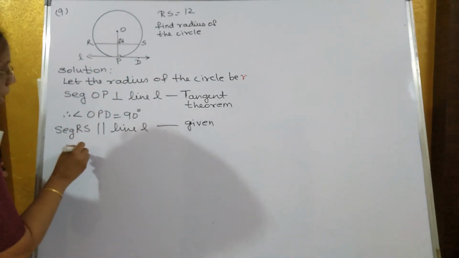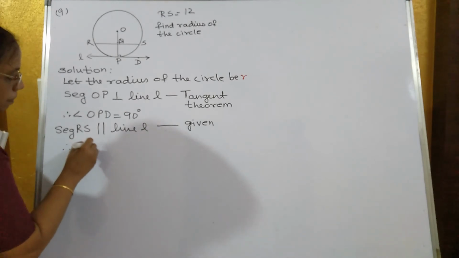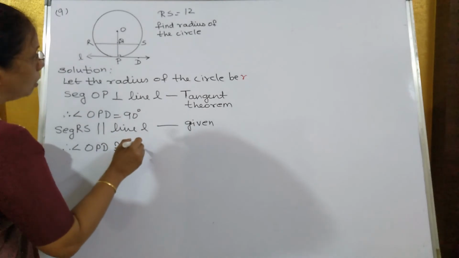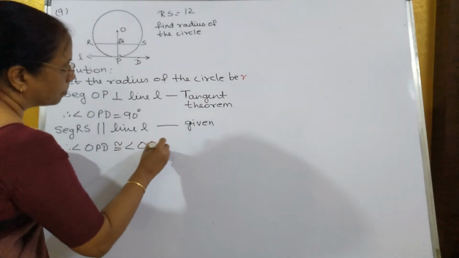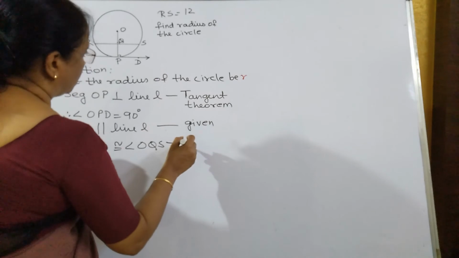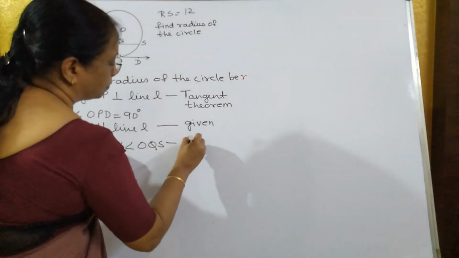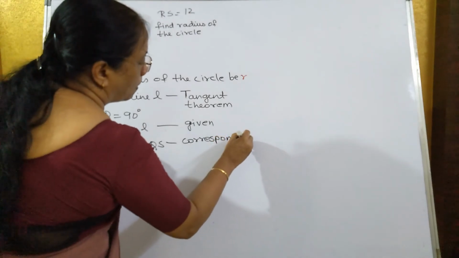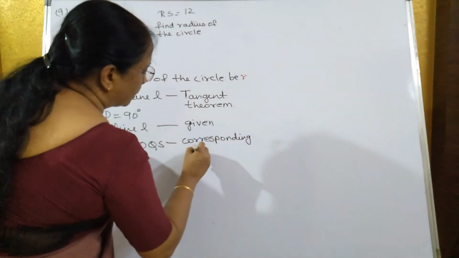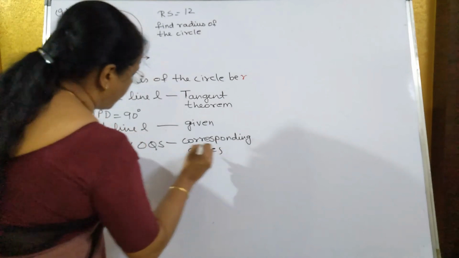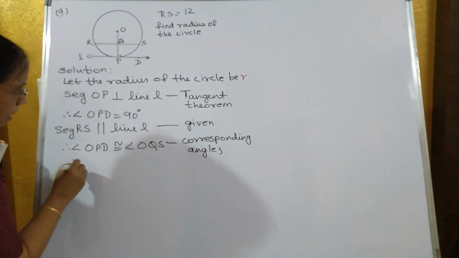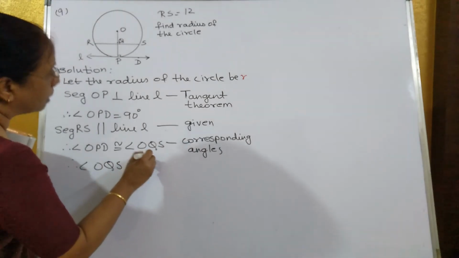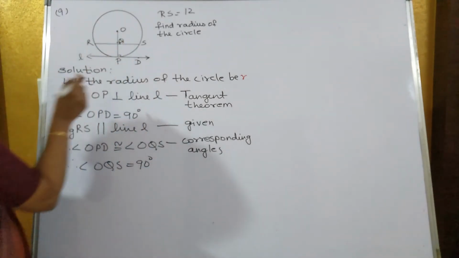Therefore angle OPD is congruent to angle OQS. Why? Corresponding angles. Therefore angle OQS is also equal to 90 degrees. So we have got this 90 degrees.